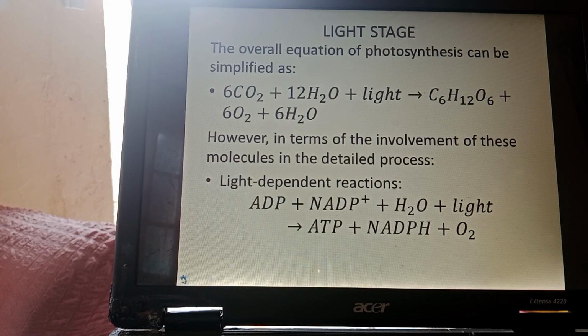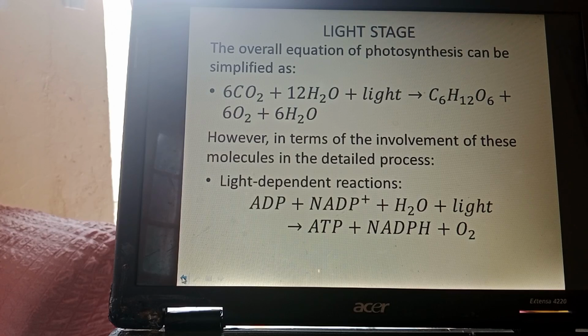So you can see there that ADP plus NADP plus are involved, come about as energy sources when water is being broken down into hydrogen and oxygen. And that hydrogen, in the process also, ATP is produced to get ready for the next process, which does not require light.